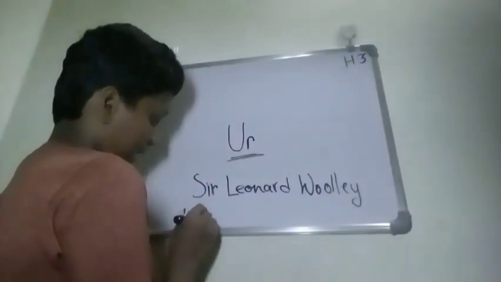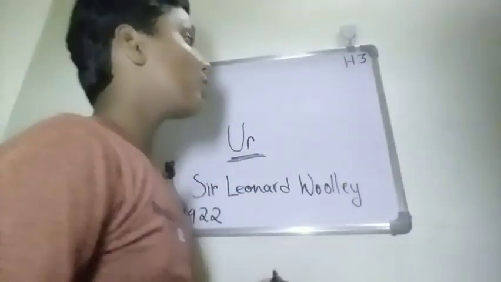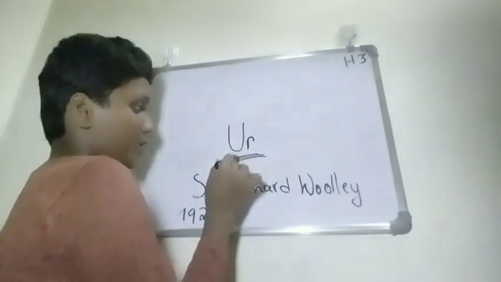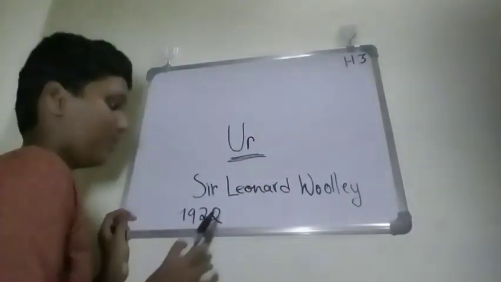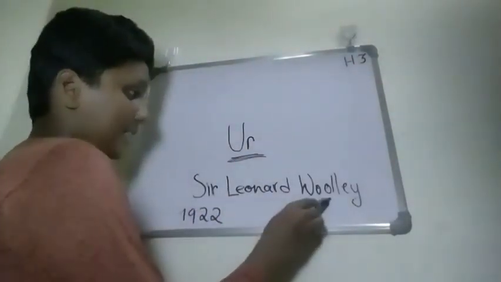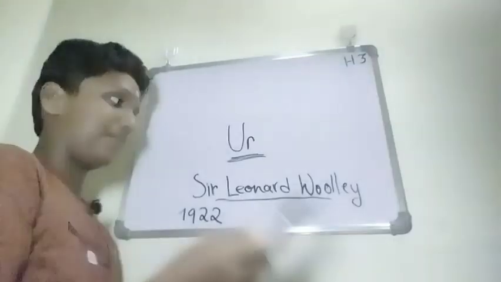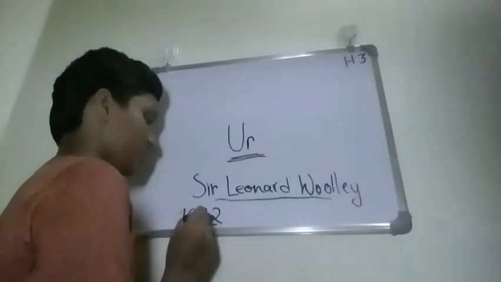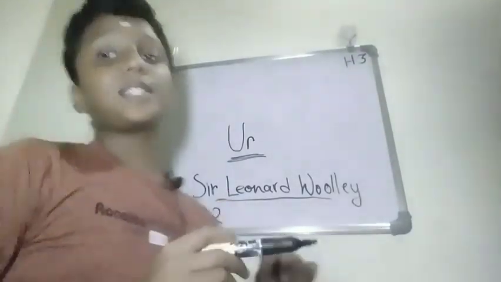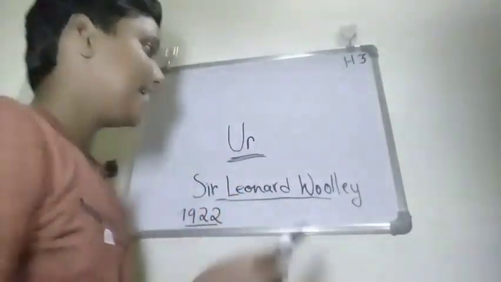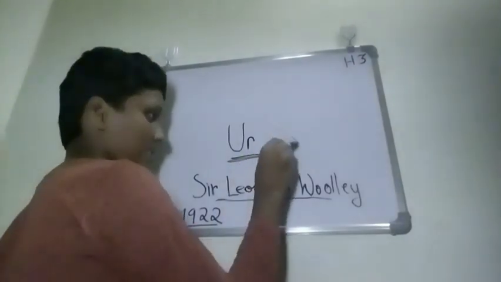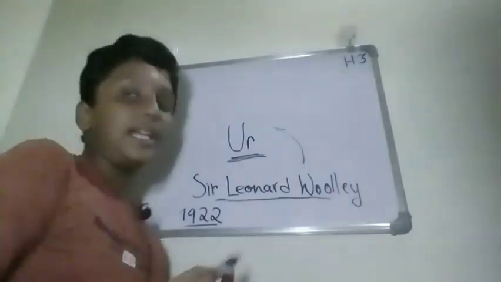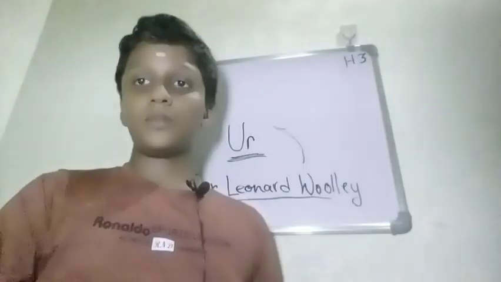Ur was a Sumerian city found at the southern portion of Mesopotamia, and it was excavated, which means unearthed or dug up, by Sir Leonard Woolley. Sir Leonard Woolley was an archaeologist who excavated the site of the ancient city of Ur in 1922.